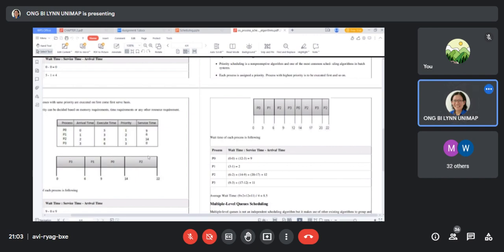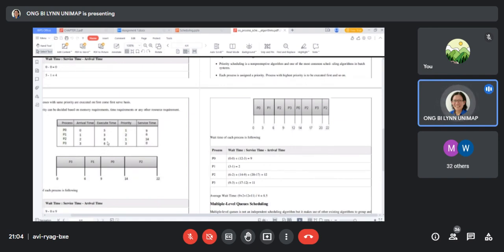Okay. P2, 8 units, it will execute 3 units, leaving another 5. It will put in only 3 because the quantum is 3. That is why it runs from 14 to 17.